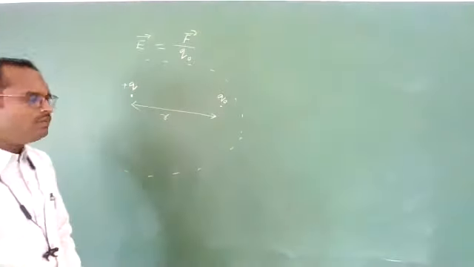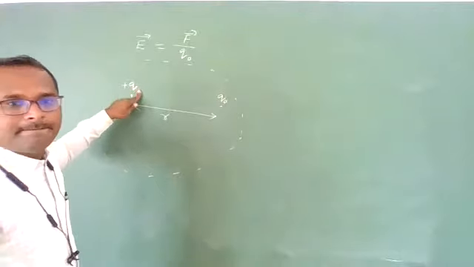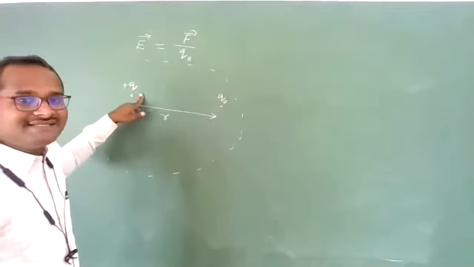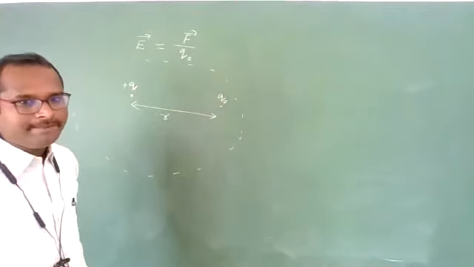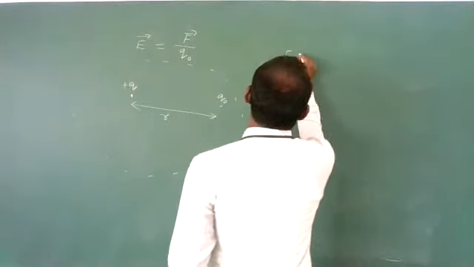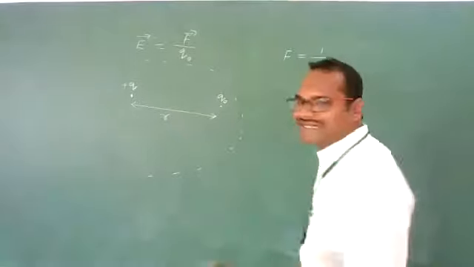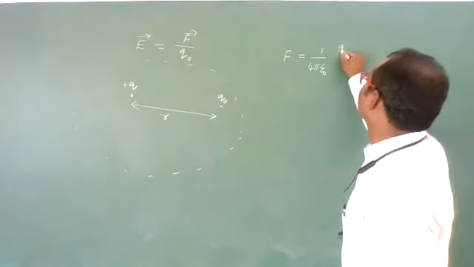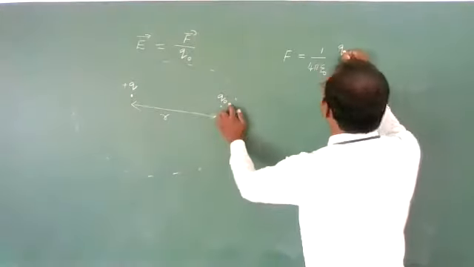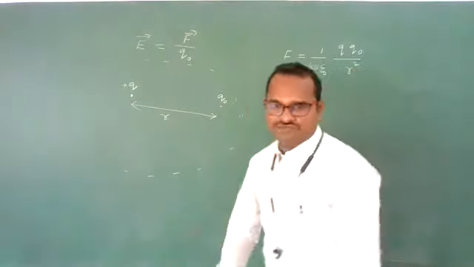Now on this positive test charge, the source charge q will exert a force. According to Coulomb's law, that force is equal to 1 by 4 pi epsilon naught, or you can write k, source charge into this charge divided by r square. This is the magnitude of force.